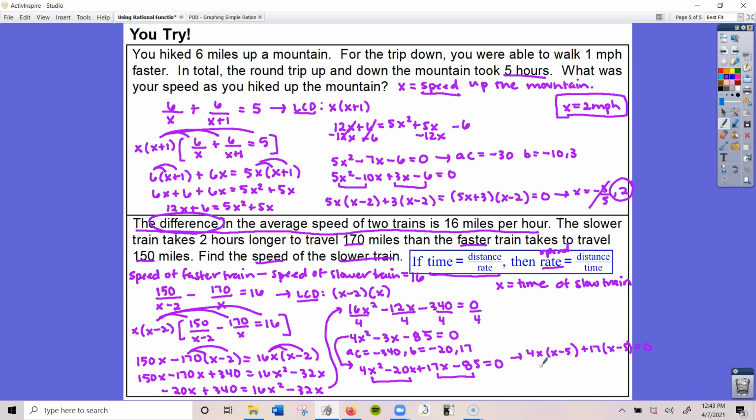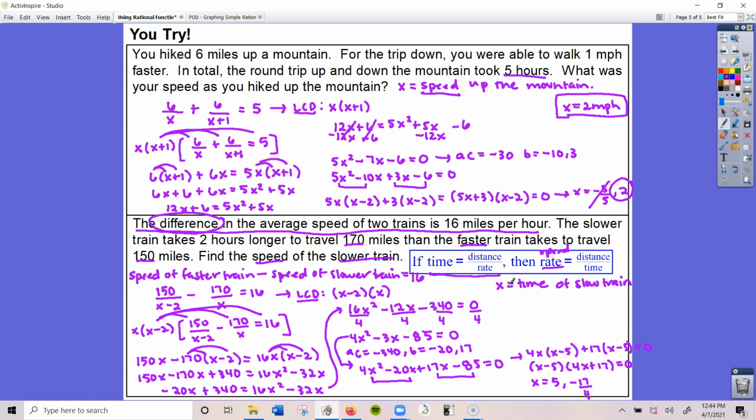So my two factors here would be the x minus 5 and the 4x plus 17. Now what we need is we need to solve for x. So here we get that x is equal to 5. And here we would subtract the 17, divide by 4. So negative 17 over 4.